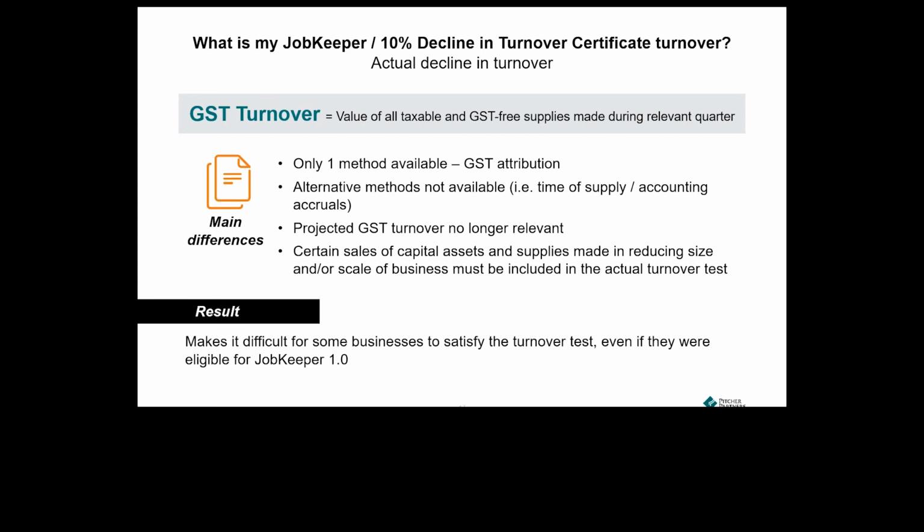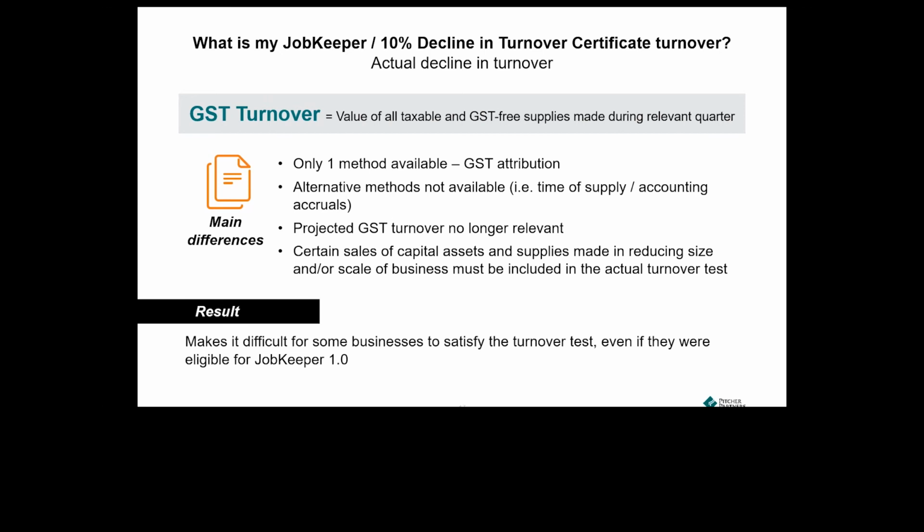So the legislative instrument, which is the law now effectively for JobKeeper 2.0, states that you must use the relevant GST attribution or BAS reporting method that applies to you as a GST entity. So I'll come to the differences that gives rise to shortly, but what it effectively means, number one, is that the concept of projected GST turnover, which was relevant for JobKeeper 1.0, is now effectively no longer relevant for JobKeeper 2.0.